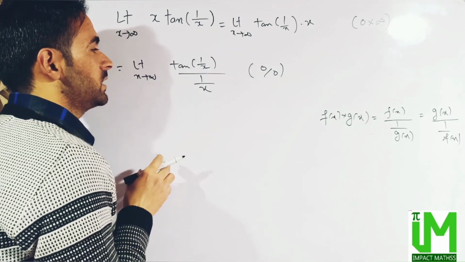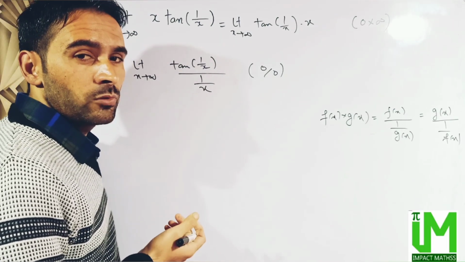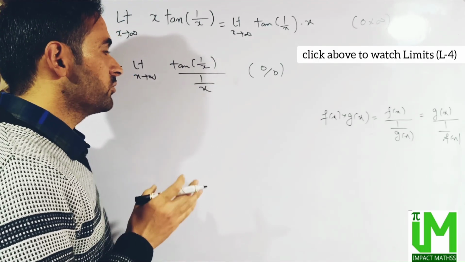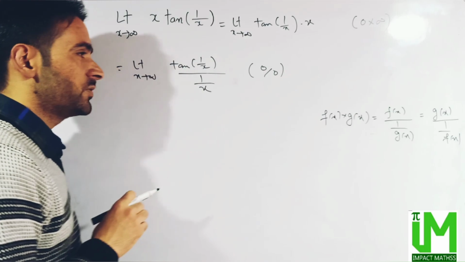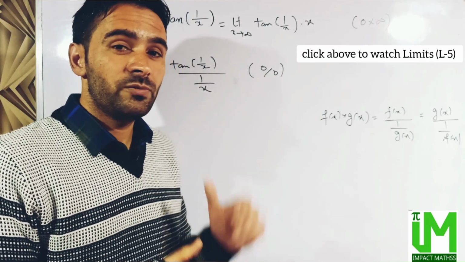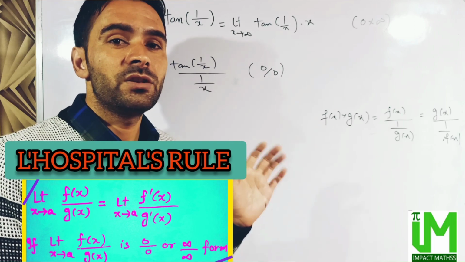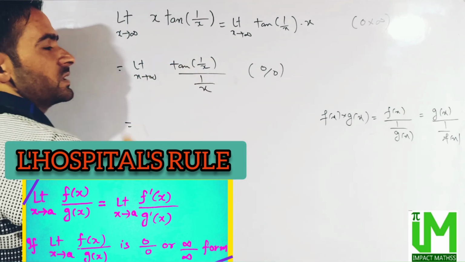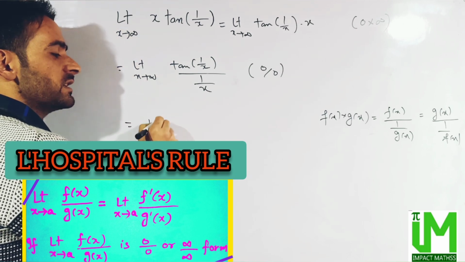So solving by L'Hopital rule, we have already gone through L'Hopital rule in limits L4 and L5, and we know while solving the indeterminate form of the type 0 by 0 or infinity by infinity, we differentiate the numerator and denominator separately. So we'll be differentiating numerator and denominator separately here as well.